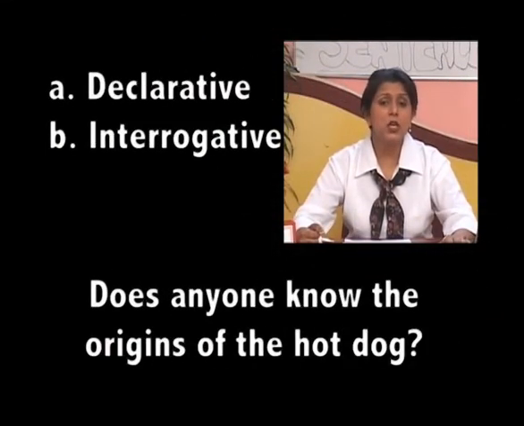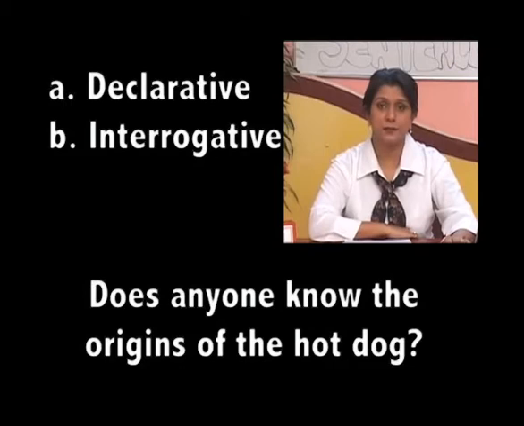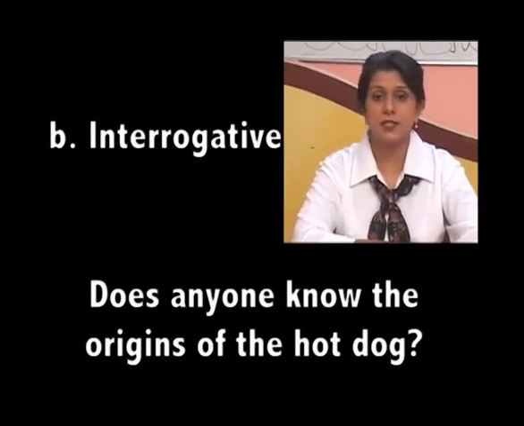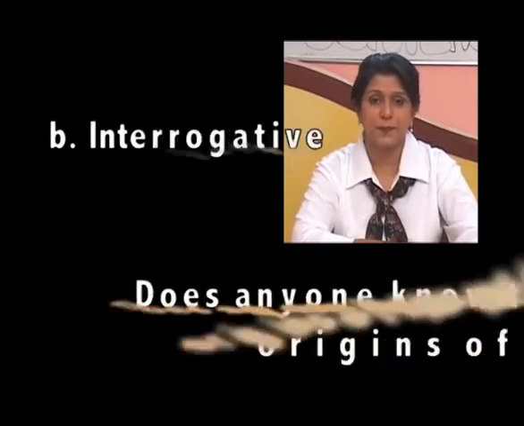Does anyone know the origins of the hot dog? Question mark. I'll repeat. Does anyone know the origins of the hot dog? Yes, it's an interrogative sentence where we are asking the question that does anyone know about the origins of the hot dog, and it ends with a question mark also.